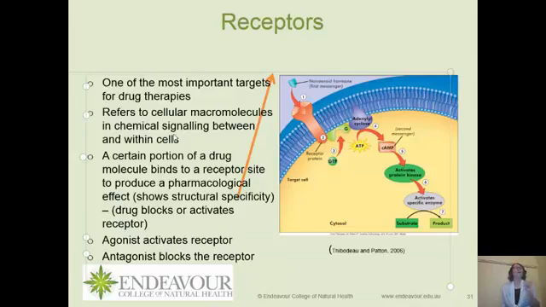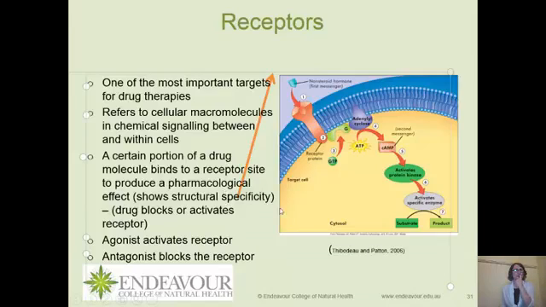But there's some important chemical signal that is mediated via that receptor. So the normal endogenous molecule would bind to that receptor and have a physiological action. And now we have an exogenous substance, a drug, that binds and produces a pharmacological action.